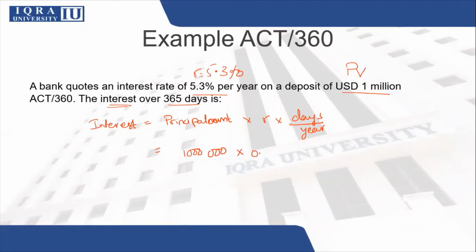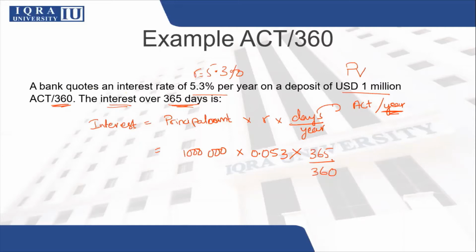The rate is 5.3%. Now, what should come in days and what should come in years? The days above is the actual number of days. So in the actual, you have 365 days. So 365 is going to come over here. Remember, this is actual divided by whatever is the convention. So the convention is 360, and 360 is going to come over here.